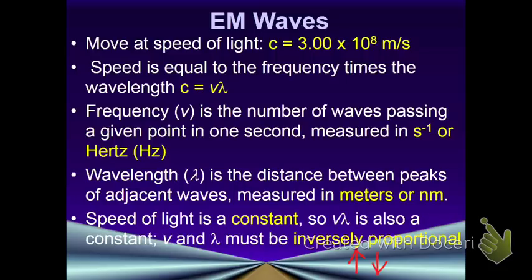So if the frequency increases, that means that the wavelength would decrease, or vice versa. If the frequency decreased, that means the wavelength would have to increase, because they are always equal to this 3 times 10 to the 8th meters per second. Okay? So inversely proportional, that's going to be important. Make sure you remember that.